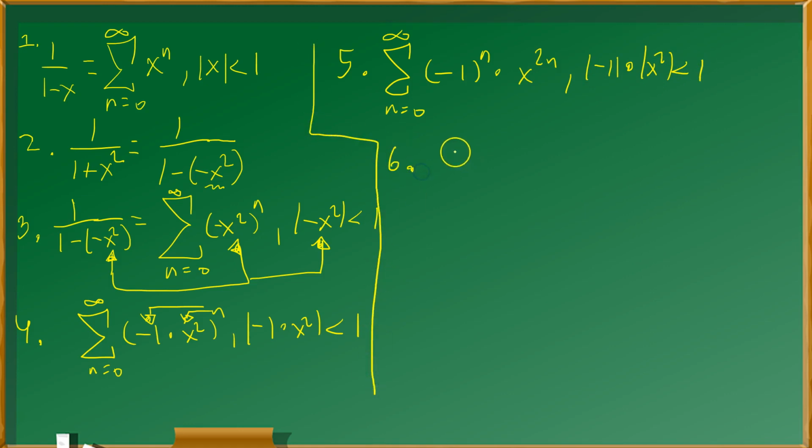Step number 6, therefore, I can say the following. From 0 to positive infinity of negative 1 to the n times x. And remember, back at step 4 where you distribute the n to the x squared, that's what gives you x to the 2n. That's why that is present.